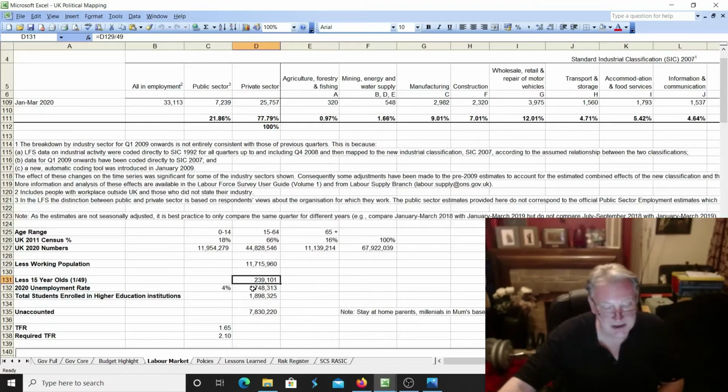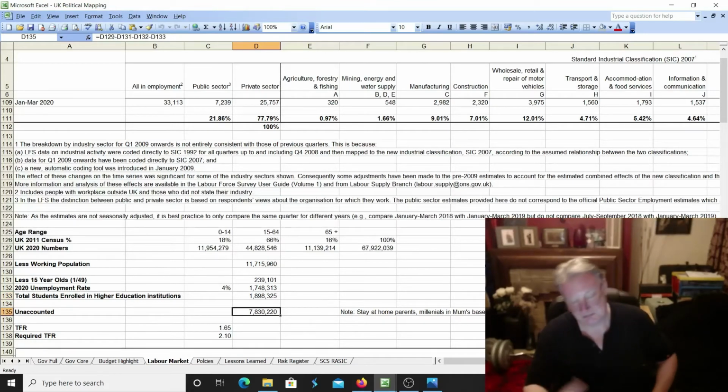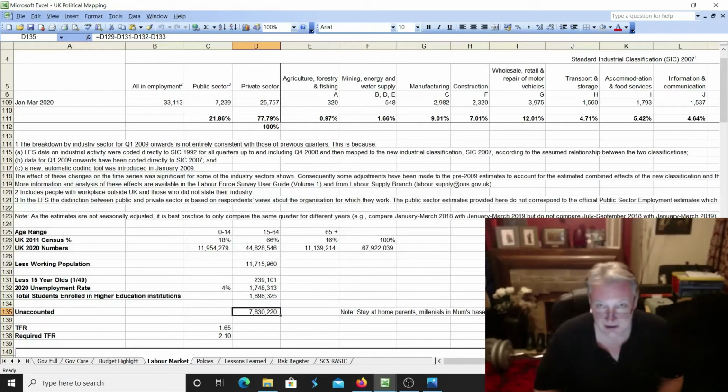And then we need to take out the current unemployment rate as of March, which was just below 4%. So these are unemployed people. Then we need to take out those that are in higher education, which leaves us with not far off 8 million people that are essentially unaccounted for.